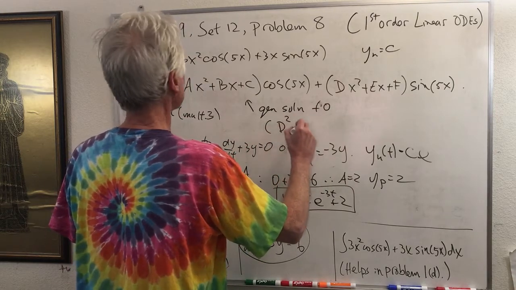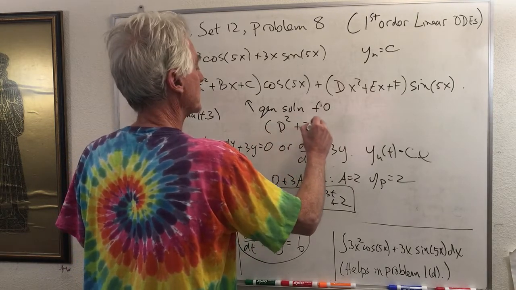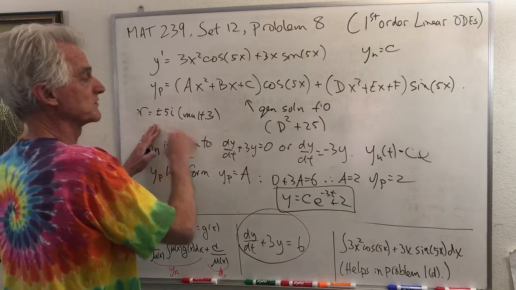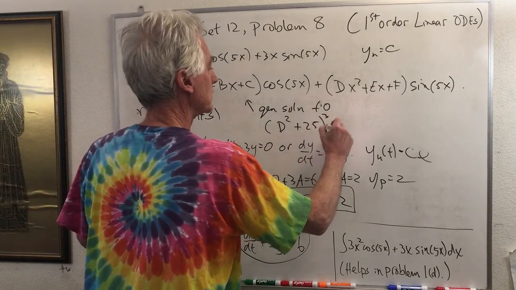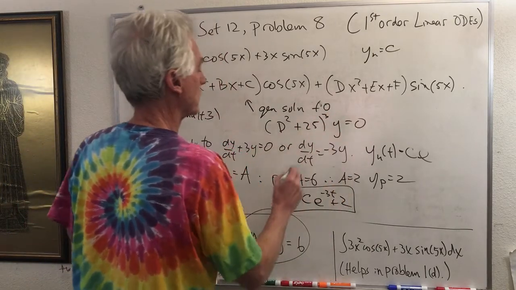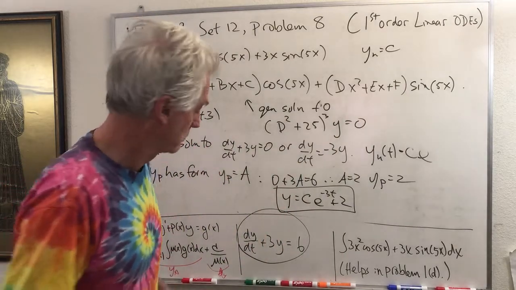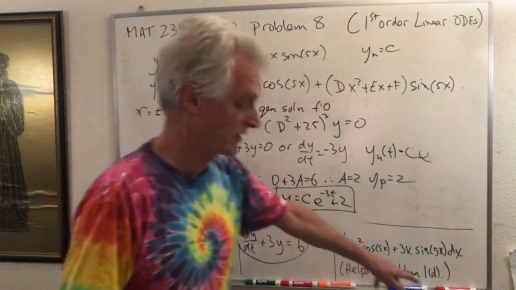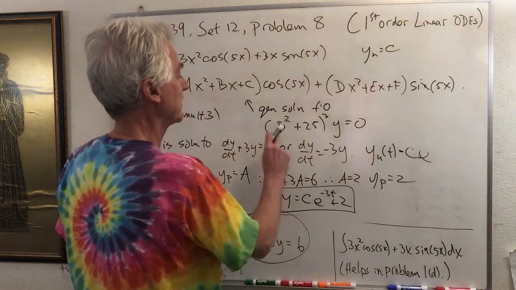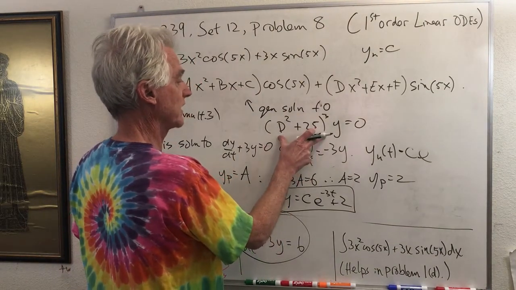It's d squared plus 25, that gives me the plus or minus 5i, and it's all cubed, y equals 0. Right? So this is where we get back to this problem 1D. This part here is the annihilator, right?